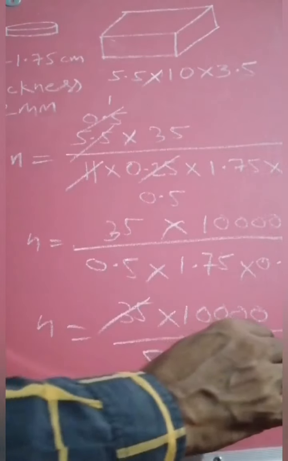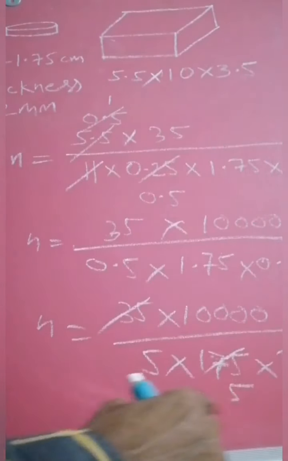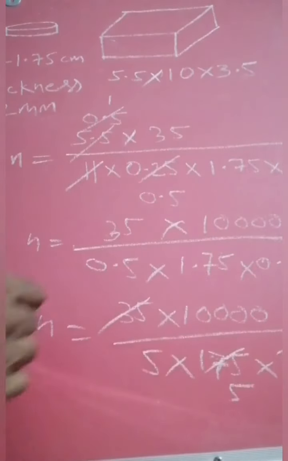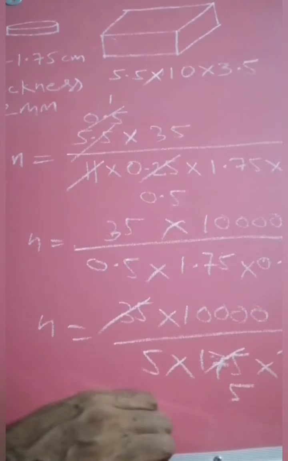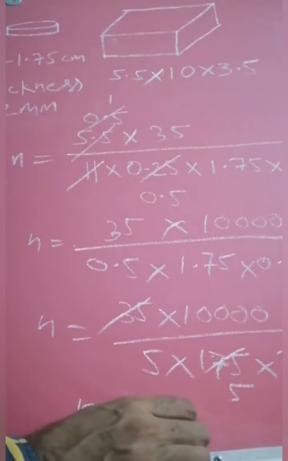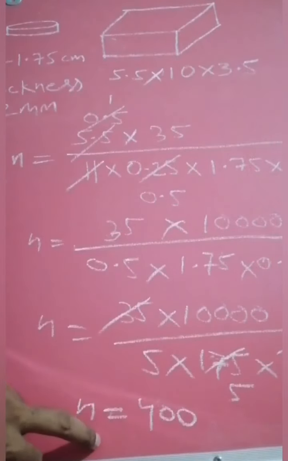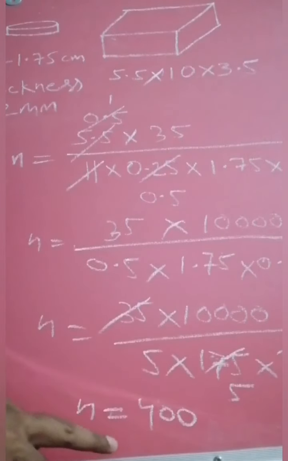So 35 cancels with 175, giving 5. Now you are getting 5 into 5 into 1, that is 25, and 10,000 by 25 is equal to 400. So we got the answer that the number of coins required is 400 coins to make the cuboid of the given dimensions.